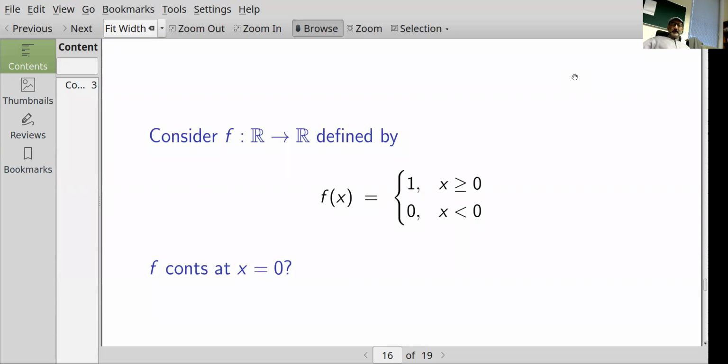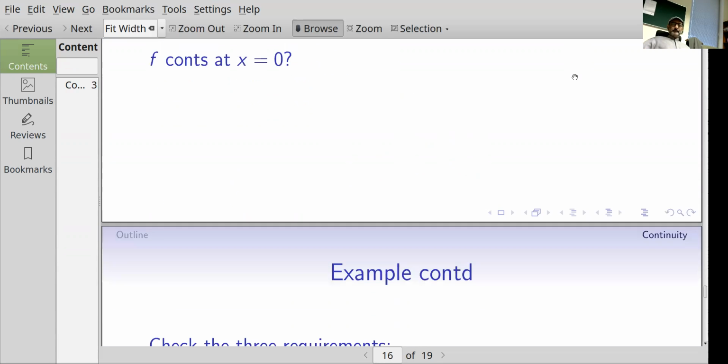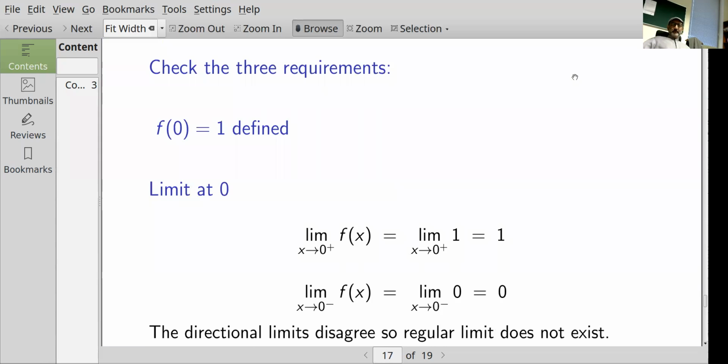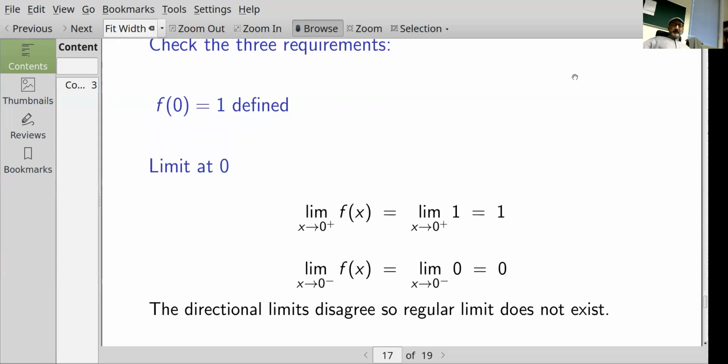Okay. Let's consider another function. Again, this is a function which jumps at x equal to 0, so I don't expect it to be continuous. We check the three requirements. F of 0 is equal to 1, as it's defined.